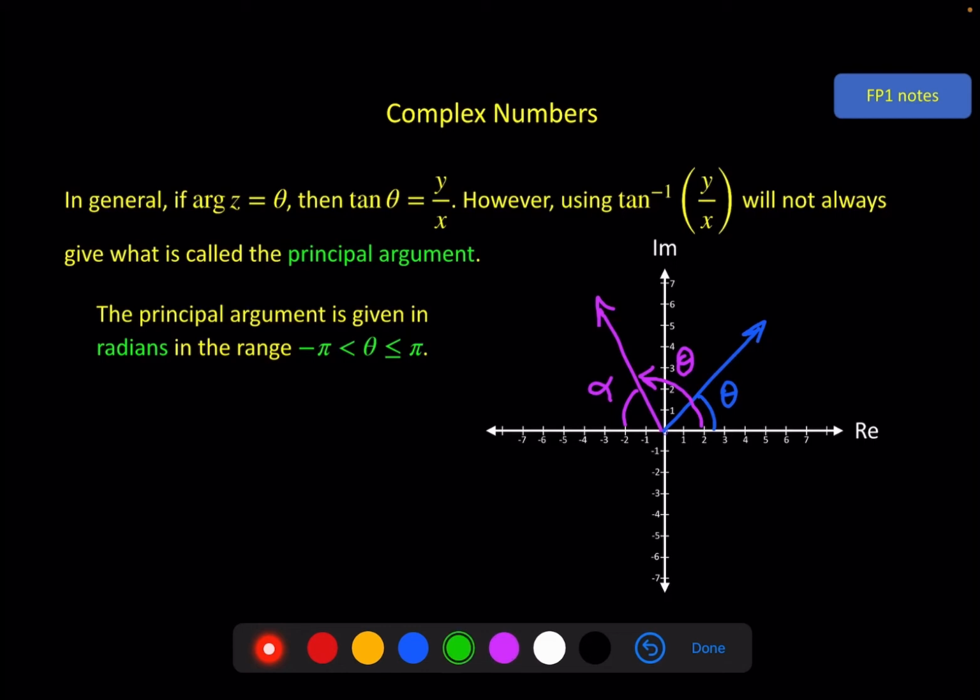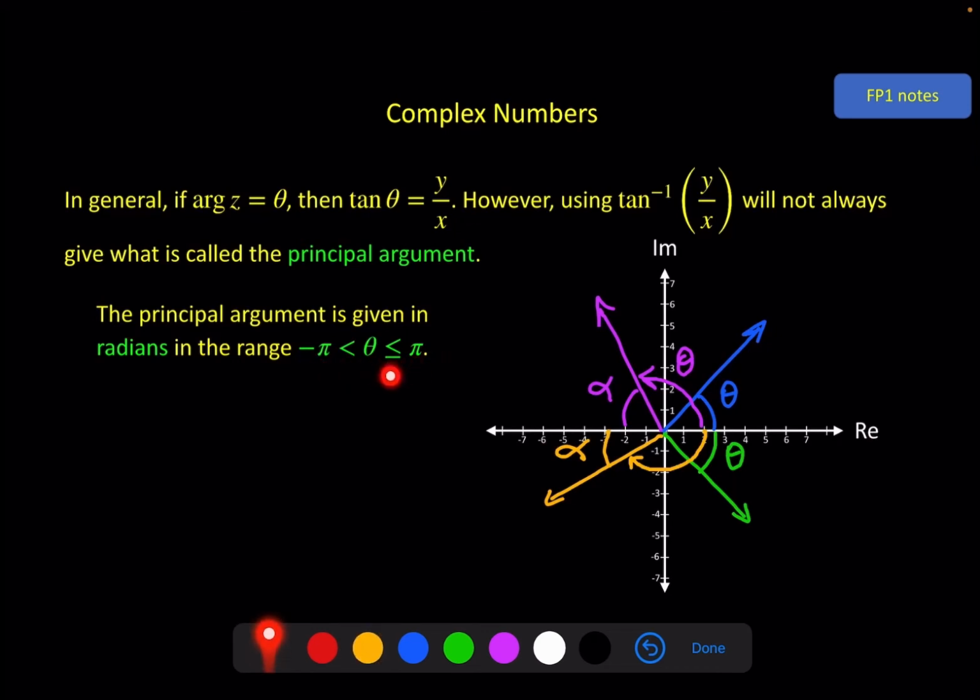In the fourth quadrant, we use this angle, and this is given as a negative angle because it's going clockwise from the positive real axis. Finally, in the third quadrant, you might be calculating this angle, but the angle that is the principal argument of the complex number is this one, measured clockwise from the positive real axis in order to be within this range.